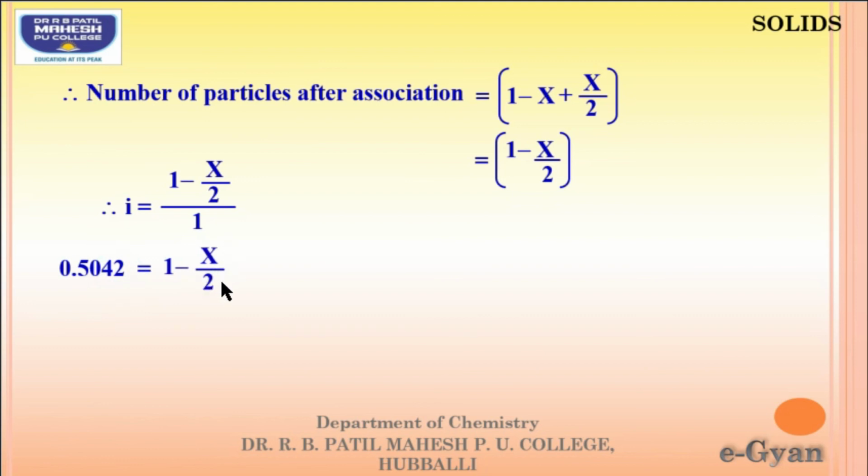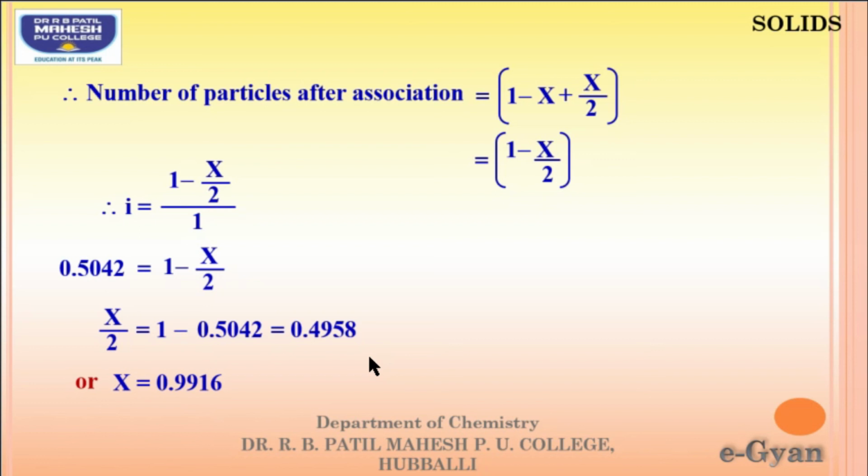On solving, x by 2 is equal to 1 minus 0.5042, which gives 0.4958, or x is equal to 0.9916. Since the percentage of association has been asked, multiply this by 100. x is equal to 99.16.